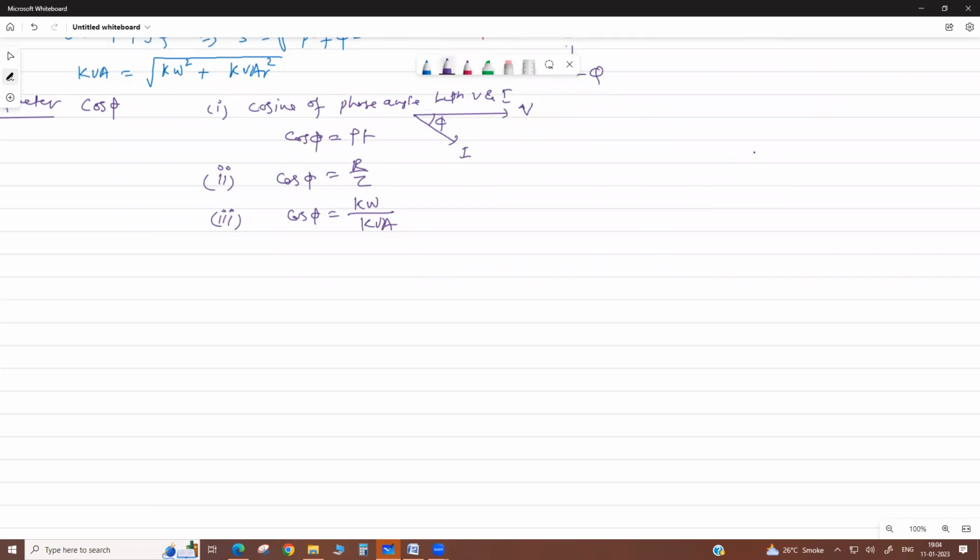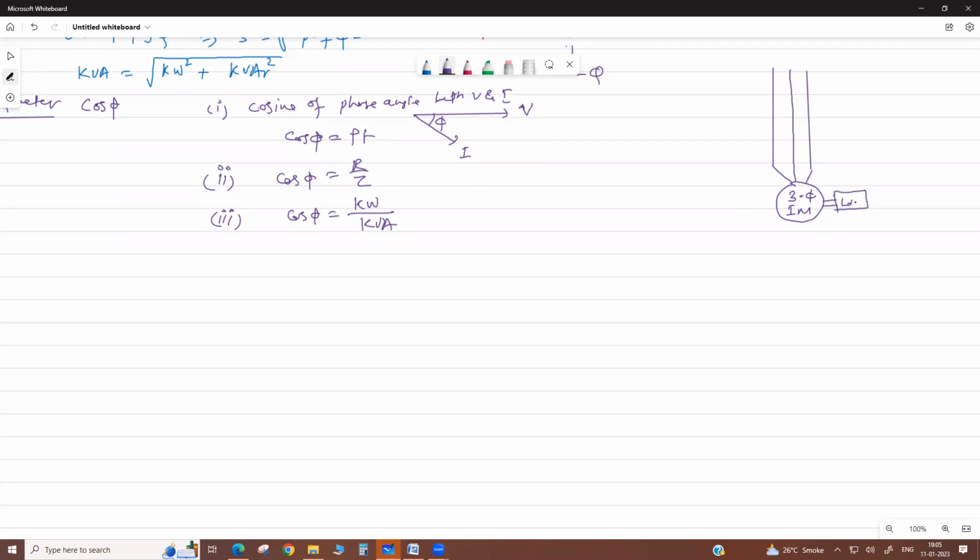So any load you take, suppose you take a 3-phase induction motor. It is an electrical load. When it is connected to your supply, it draws power. What is the rating here? Suppose it is in kilowatt.